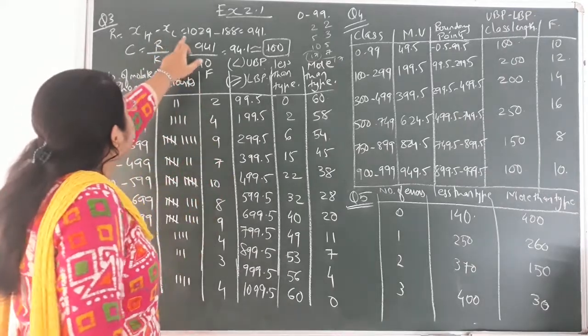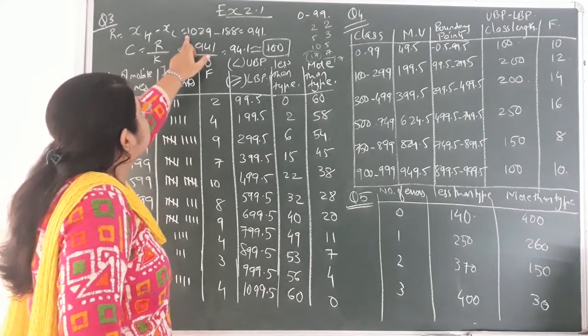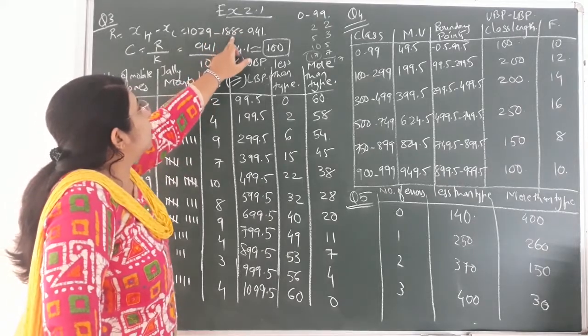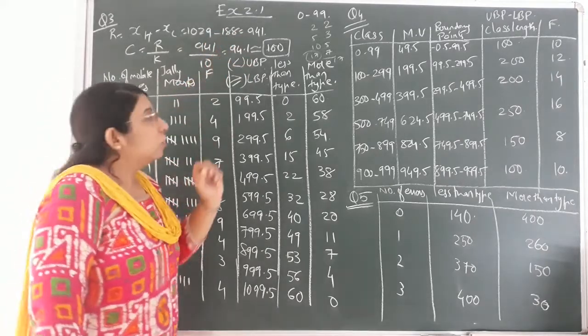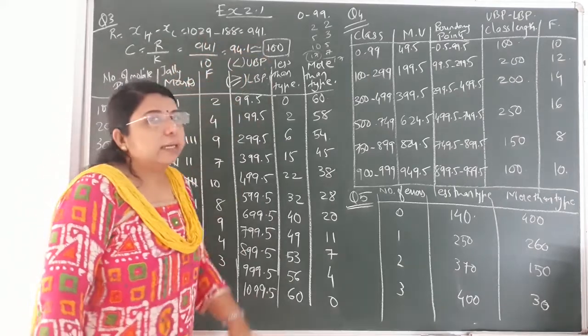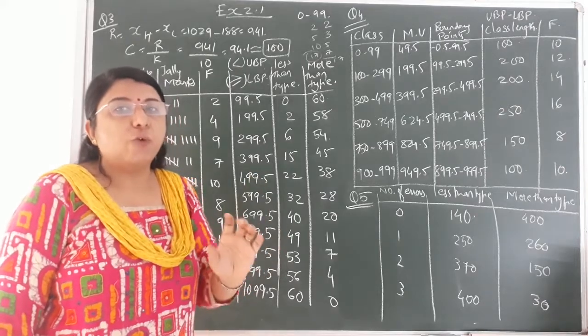The highest value you can see from the data given in the question, that is 1029, and the lowest value is 188. Highest value minus lowest value, the difference comes to 941. So range is 941.